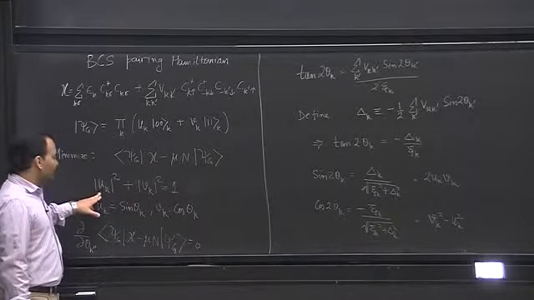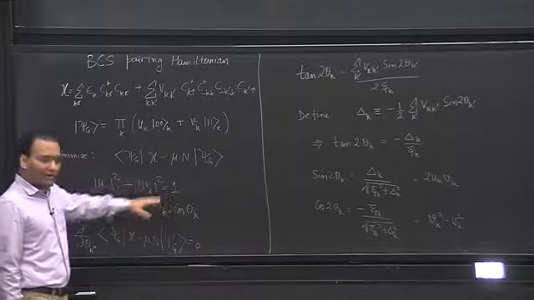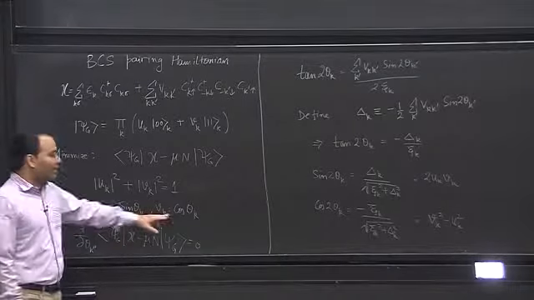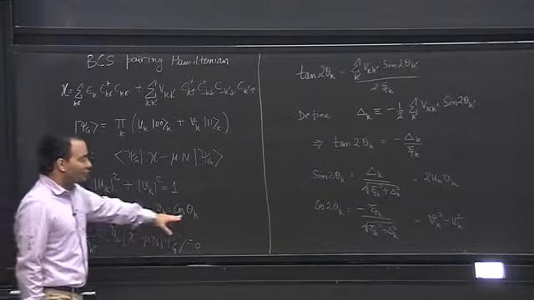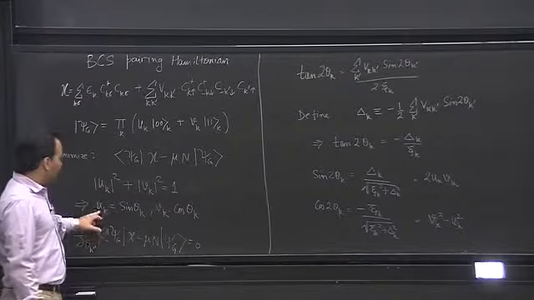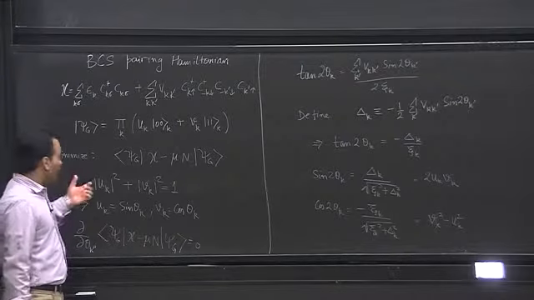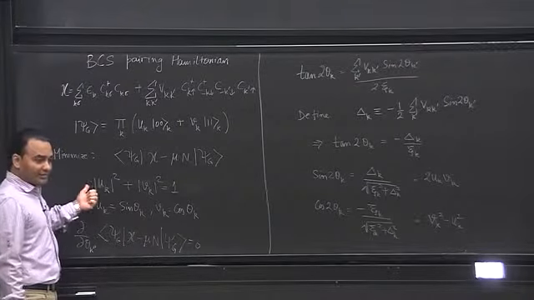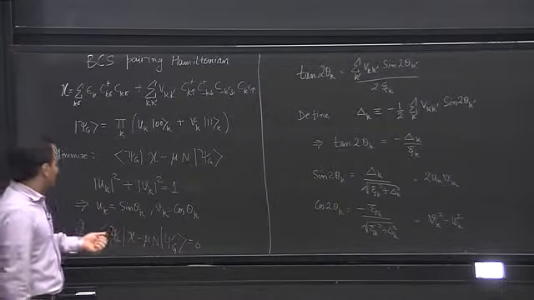Now, using this constraint that uk squared plus vk squared is 1, we can parameterize uk and vk as two angles, sine of an angle and cosine of an angle. So uk and vk can be written in this form. Now you have used this constraint for all k, and for each k you have only one variable, which is theta k.